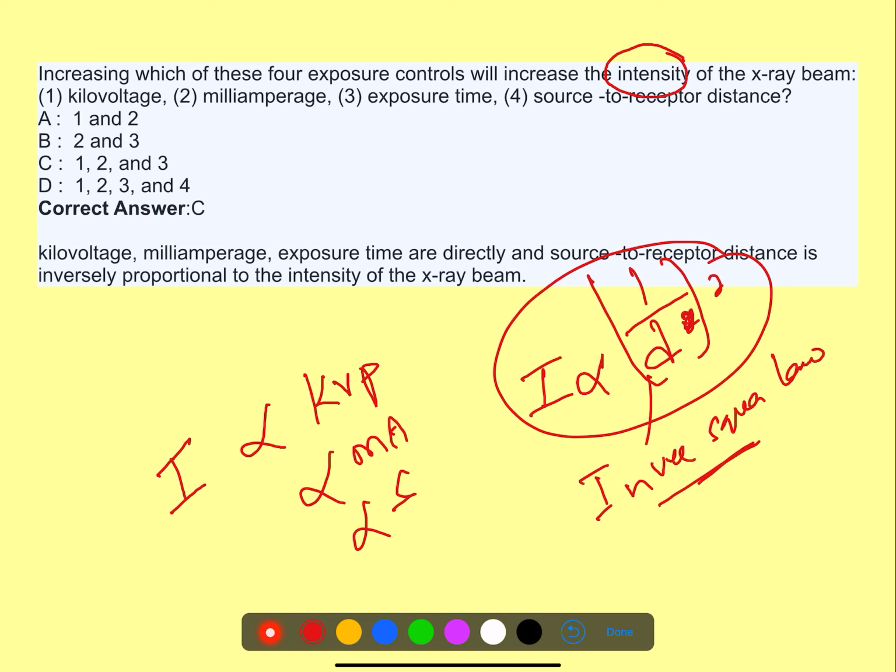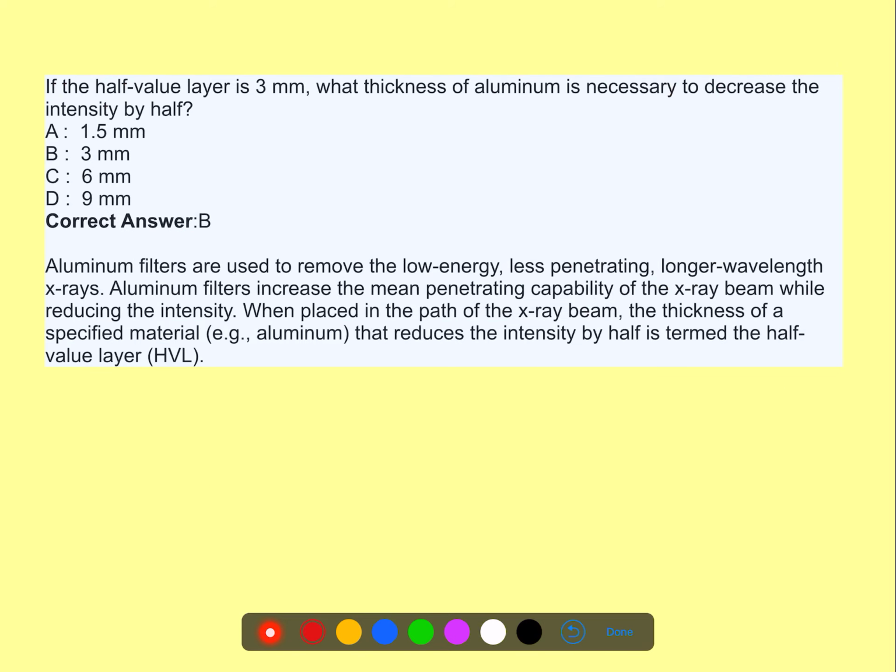So only these three things, kilovoltage, milliamperage and exposure time, will increase the intensity of the X-ray beam, whereas source to receptor distance is inversely proportional to the intensity of the X-ray beam.